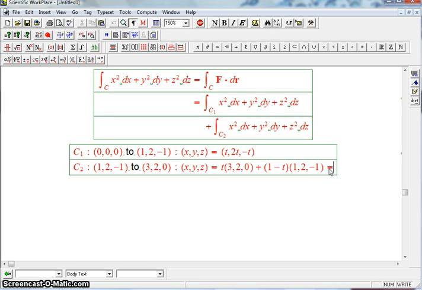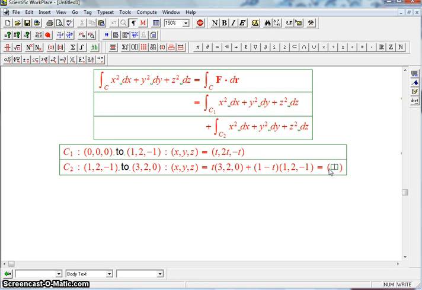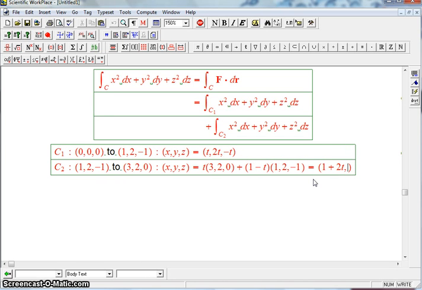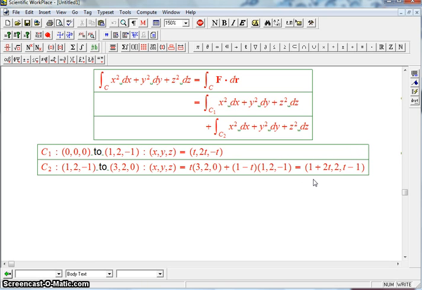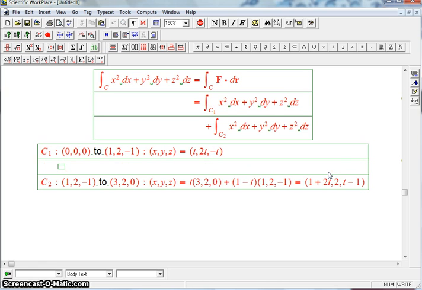Or in other words, that's going to be 3t plus 1 minus t, so 1 plus 2t. And then, of course, the 2 is constant, so you just get 2 as the t's cancel. And then we just get t minus 1. Let's double check the arithmetic. When t equals 0, I get 1, 2, minus 1. That's correct. And when t is 1, I get 3, 2, 0. Yep.